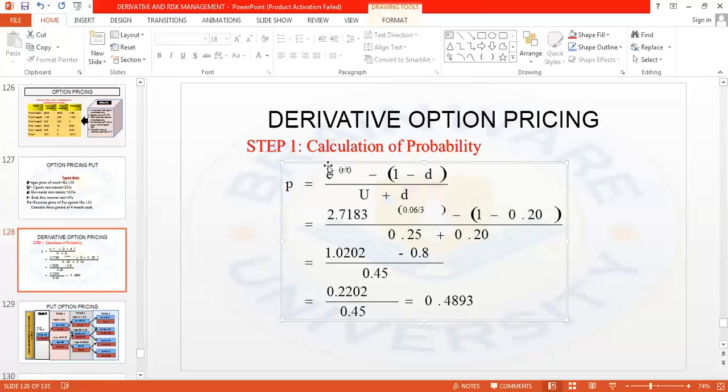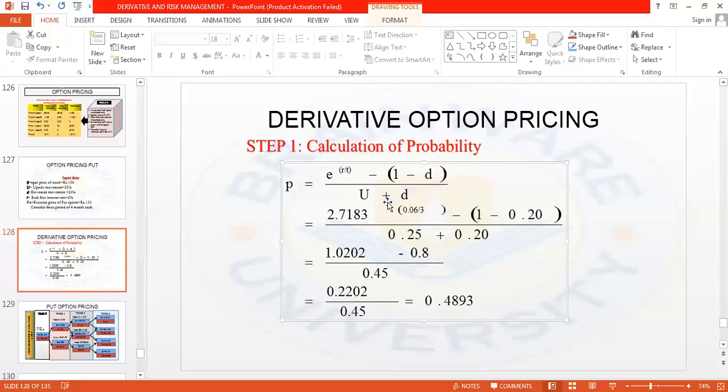So actually it is the continuously compounded risk-free rate, e to the power rT minus 1, plus the downside rate D, which is 20%. In the denominator also, U means the upside price movement of 25%, plus D, which we can again write as minus within brackets minus 20%.